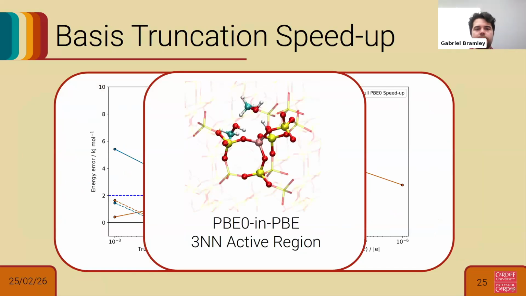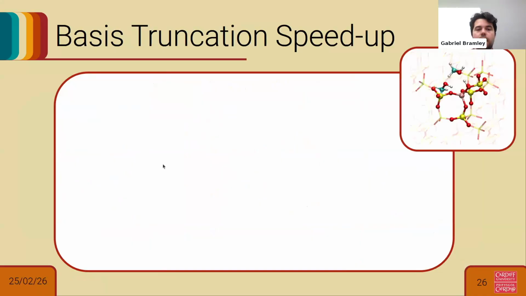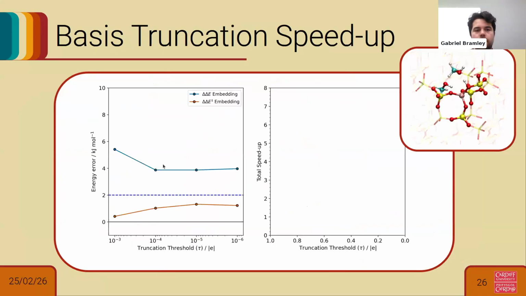And finally, just to show a more practical system, we have a PBE naught in PBE embedding calculation for our 686 atom cluster. This is a 3 nearest neighbor active region. So we include the T site in the center, and then 3 nearest neighbors around the central site. And what we have is something that we have to bear in mind.